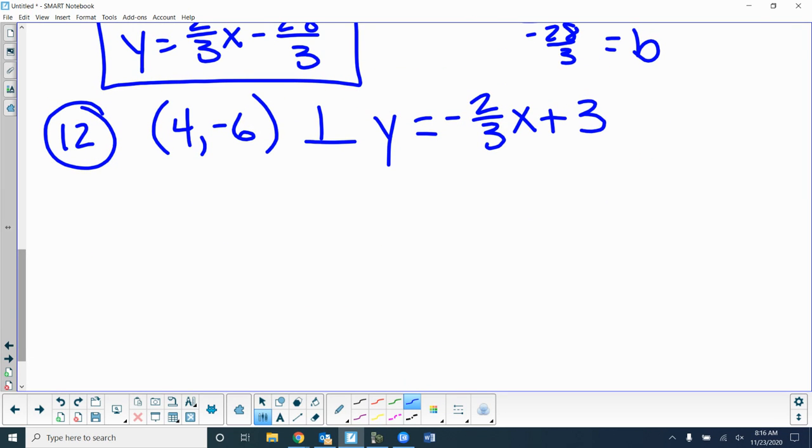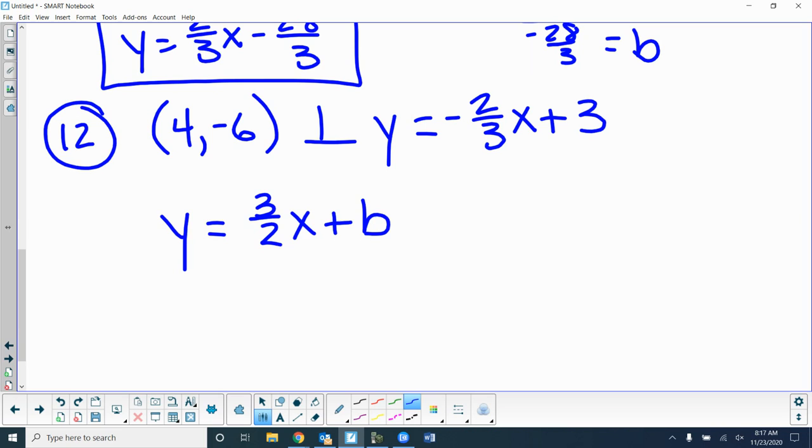So, the slope of the line I want is perpendicular to that slope, which is what? 3/2. Thank you. Opposite reciprocal. Okay?